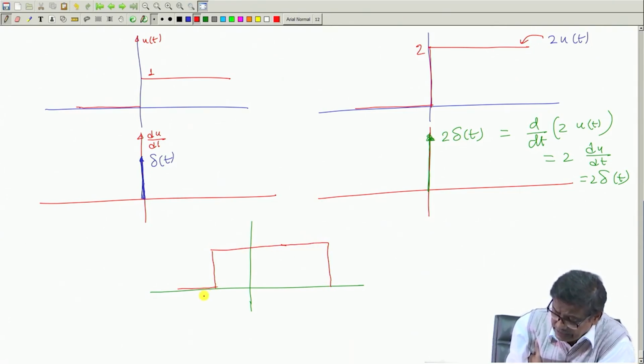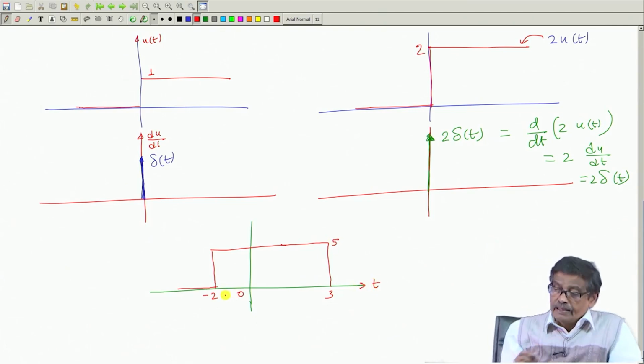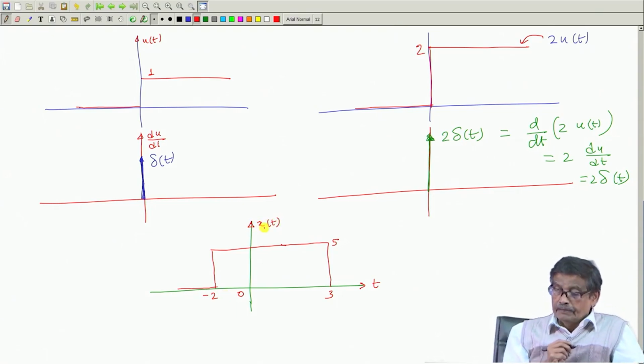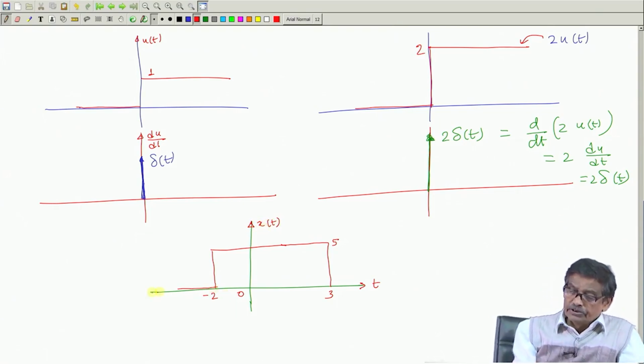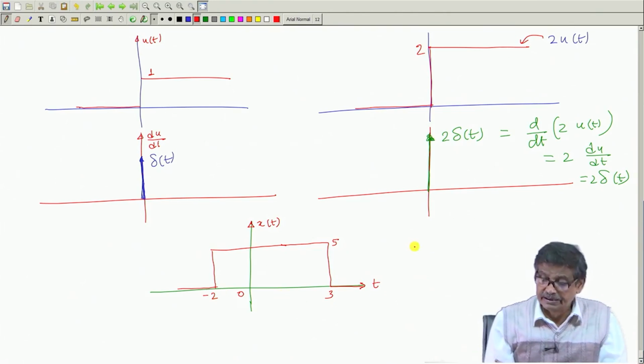This is say minus 2, this is say plus 3, and here is a rectangular pulse of magnitude 5, and this is your time axis, this is your 0, and this is your function x(t). Got the point? So, the value of the function was 0 for t less than minus 2. The value of the function is once again 0 for t greater than 3, and between minus 2 and 3 it is plus 5. I ask you to sketch dx/dt.